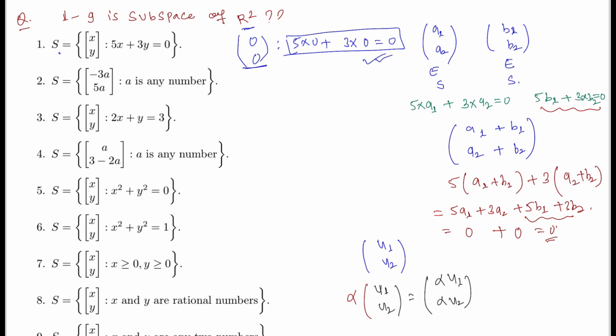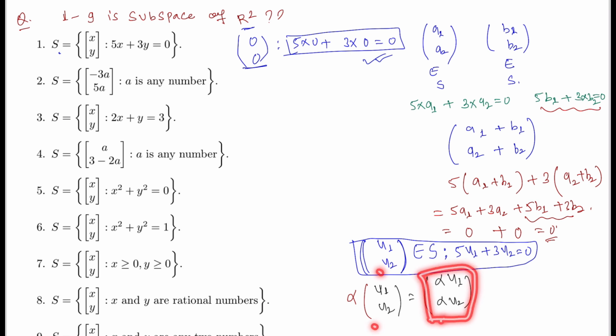And you need to be very careful: since this vector belongs to this set S, it definitely satisfies this condition that 5 times the first component plus 3 times the second component is 0, right? This is your assumption. Now what we need to check is that if we take the scalar multiplication of this vector, whatever we get should also be in the set, that means it should also satisfy this condition.